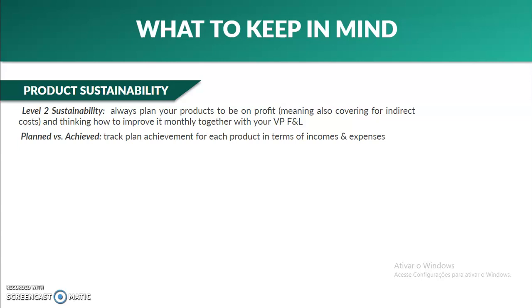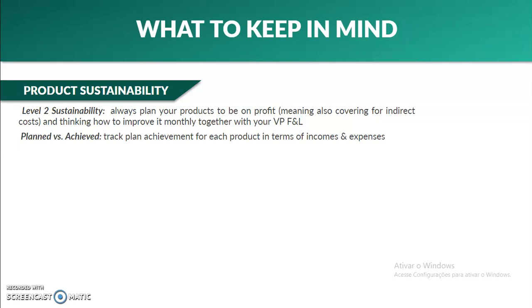Talking about sustainability, for you, always have in mind that your product needs to be at level 2, meaning that it's covering both direct and indirect costs. And together with your VP Finance, you need to see how you can improve monthly, be it cutting costs or making more investments, to make sure that your sustainability is on this level.